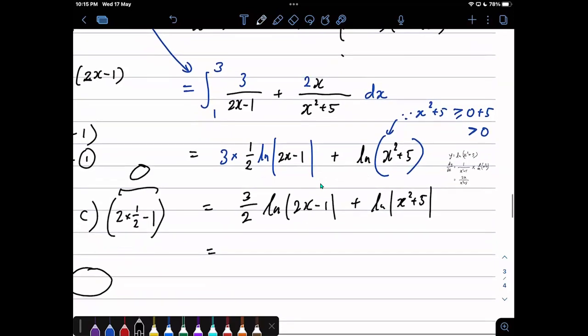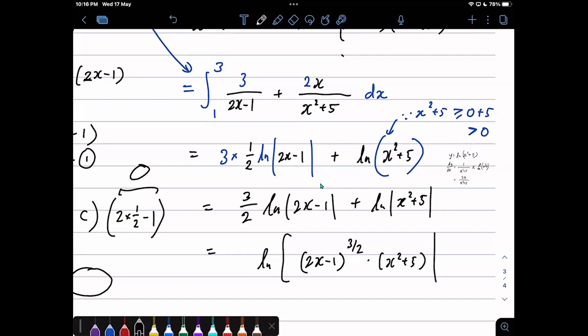Can you see that I can combine into a single fraction like the following? Can you see how I can combine into just this single expression?